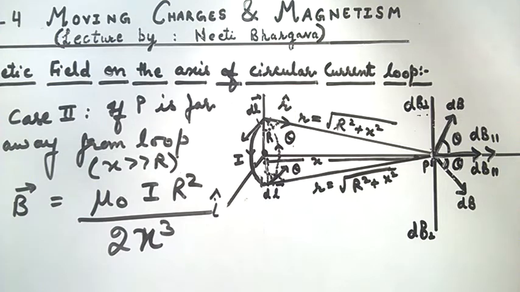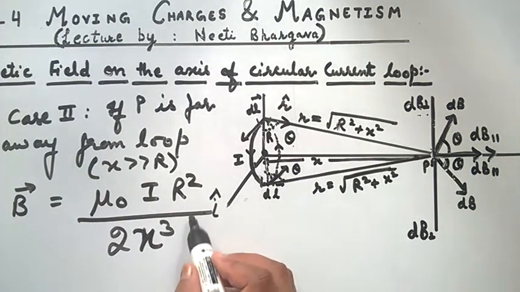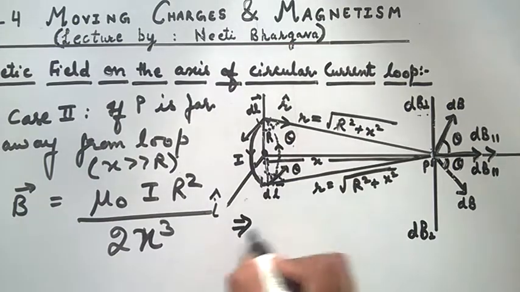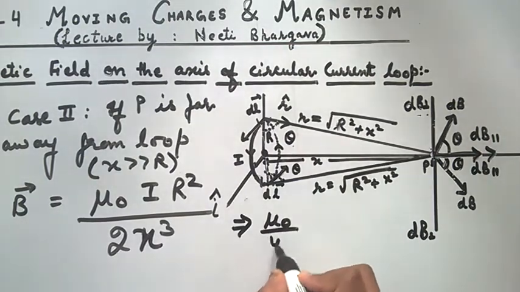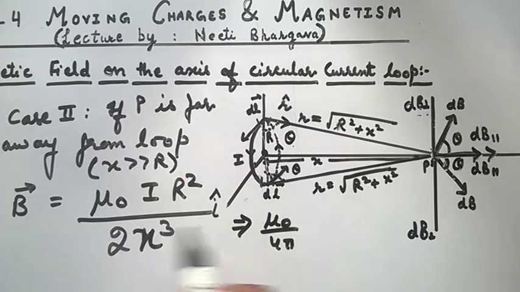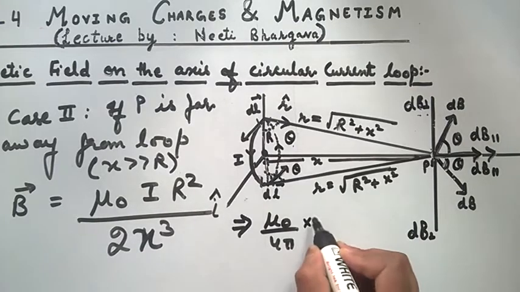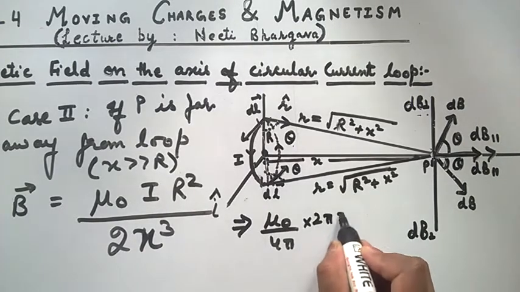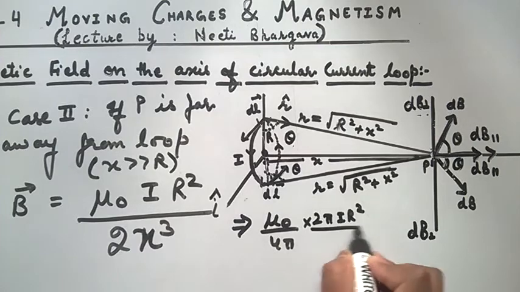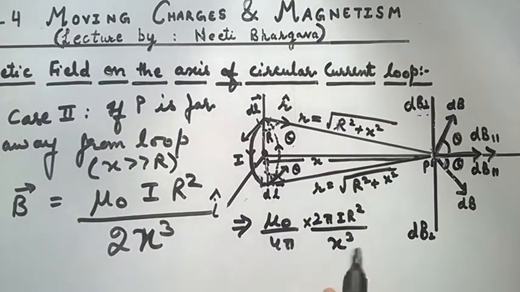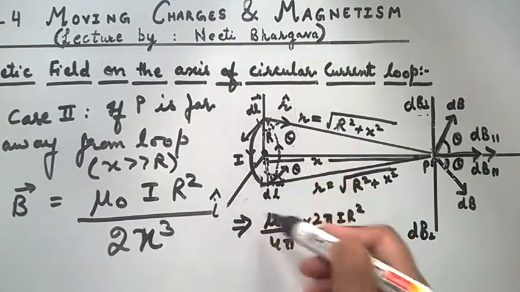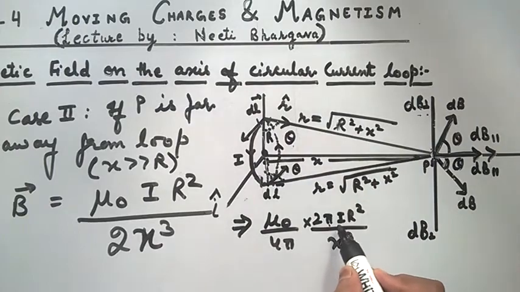Here we can see this value, we can write it in this form or in terms of mu naught upon 4 pi. Multiply and divide by 2 pi. So we get 2 pi I R square by x cube. Here pi R square is the area of this circular loop and I is the current.